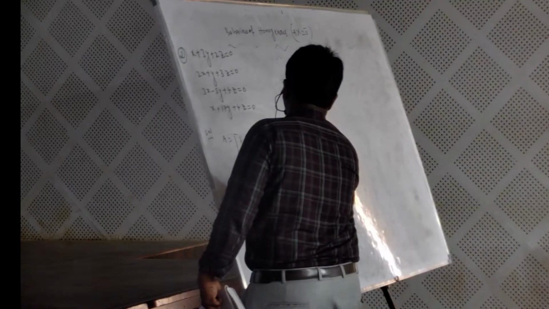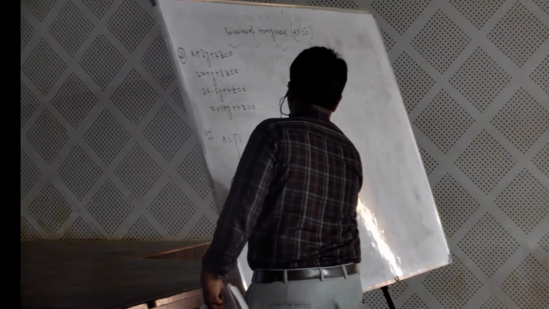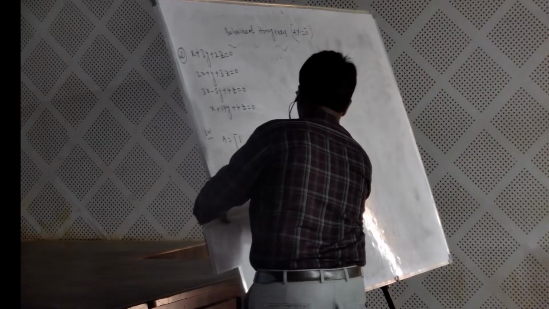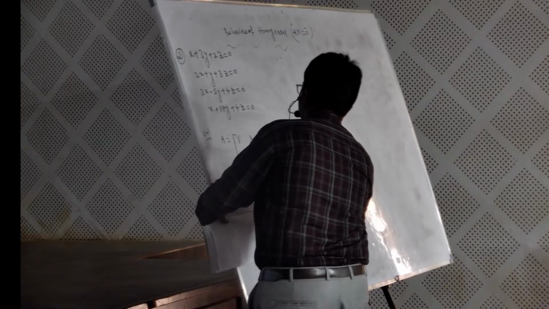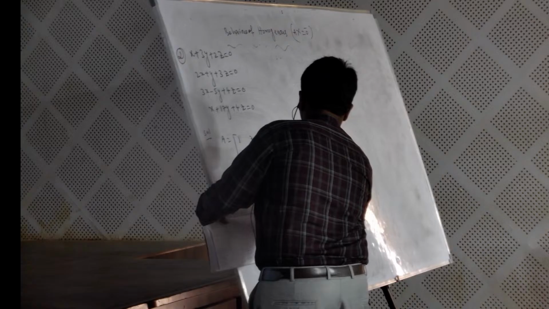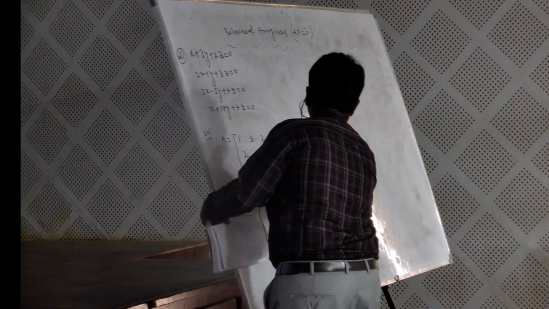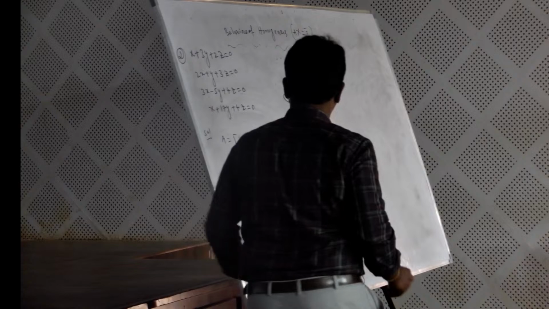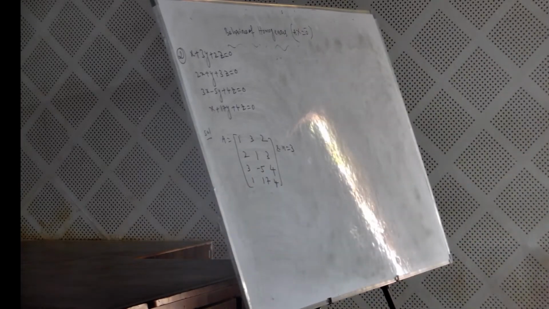What is A? 1, 3, 2, 2, 1, 3, 3, minus 5, minus 4, 1, 17, 4. In this problem, what is the number of unknowns? Simple question. 3. What are those? X, Y, Z are unknowns. What is the matrix A? 1, 3.